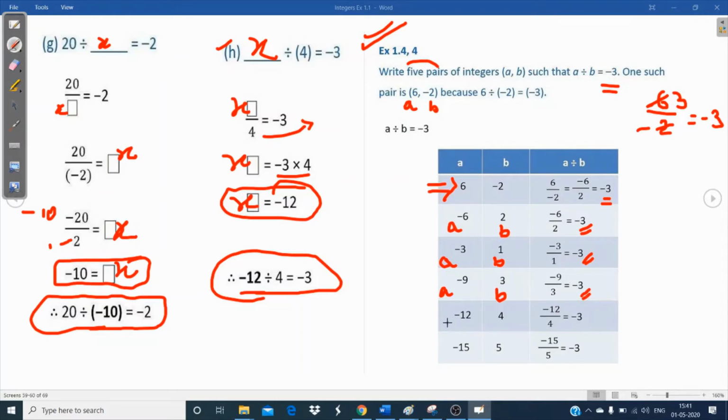Next example, A I have taken minus 12, B I have taken 4. So minus 12 divided by 4, what you will get? Minus 3. Then again, A I have taken minus 15, B I have taken 5. So 5 3s are 15, again minus. So like this you can take any example. Like suppose I have taken here A minus 18.